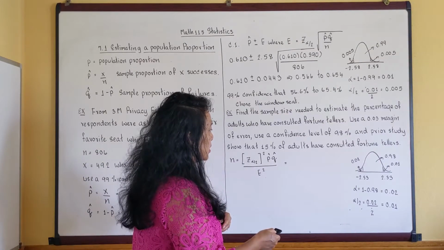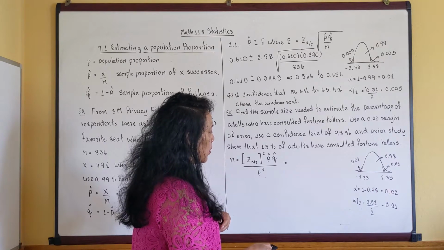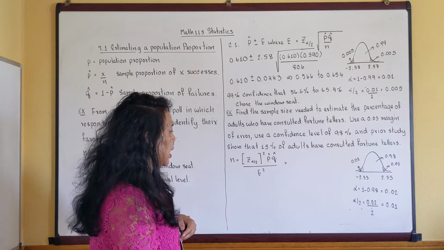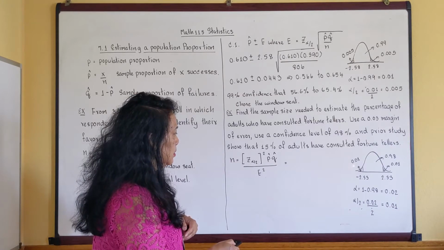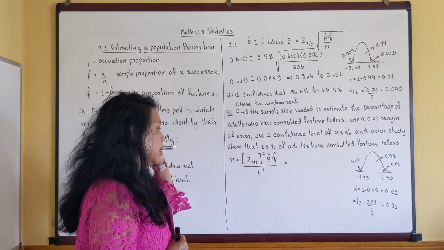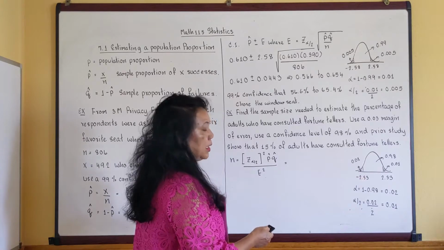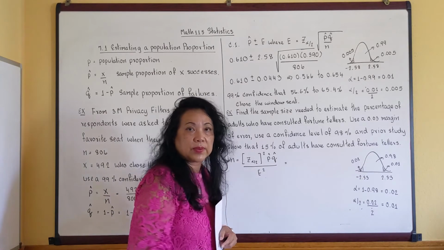So 98% is 0.98. Subtract that from 1 is 0.02, because you have two shaded areas to the left and to the right. I divide by 2. So it's 0.01, right here and right here. Again, use table A2. You will find that the z-score would be negative 2.33. Use symmetry. The right-hand side will be 2.33.